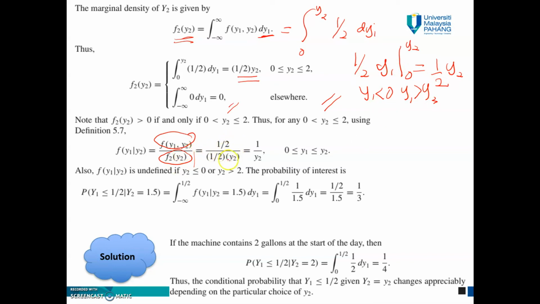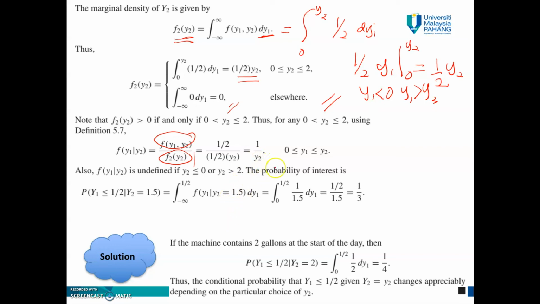You will get half over half y2. When you simplify, you will get 1 over y2. The limit will be from 0 until y2, where y2 is from 0 until 2. If y2 is less than 0 or y2 greater than 2, it will be undefined here. You cannot have 0 here.